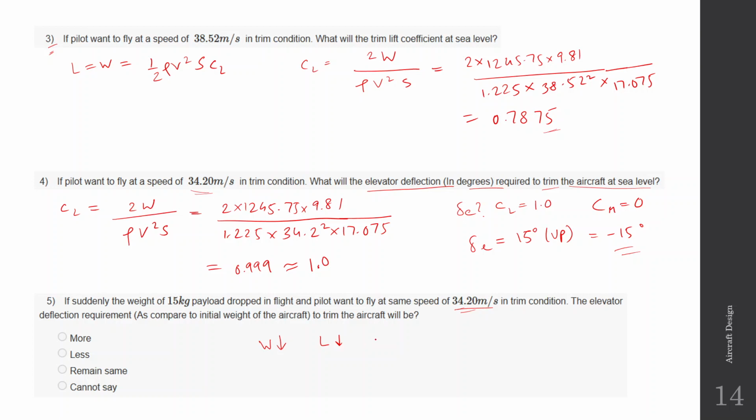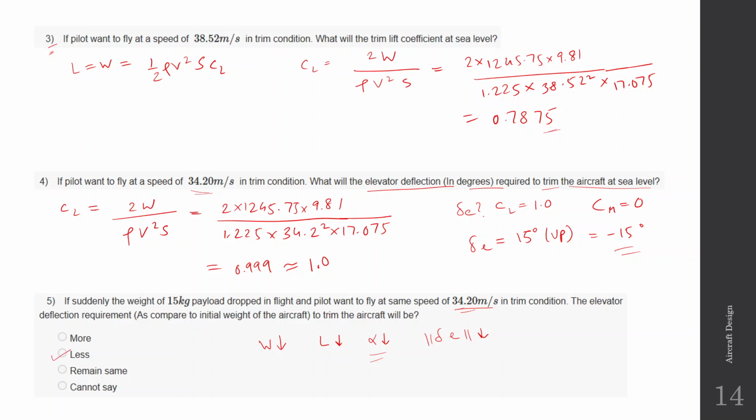The aerodynamics of the aircraft has not changed, so the lift required will go down. Therefore the angle of attack also has to go down. And when alpha goes down, your delta E will decrease. So the elevator deflection requirement will be lesser.